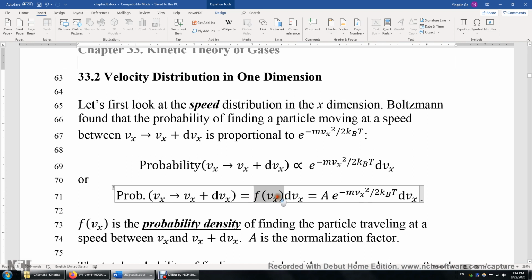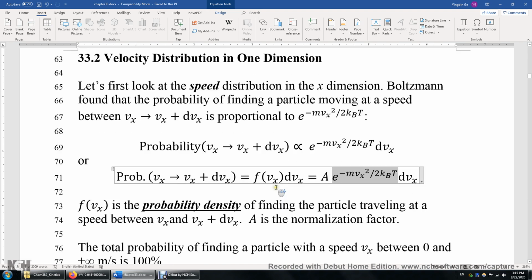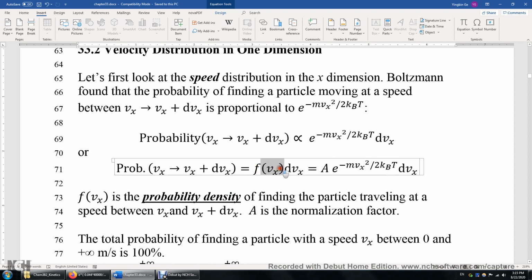And over here, this f is equal to a constant, A, times this exponential function, e to the power of negative kinetic energy over kBT. So again, this f of Vx is the probability density of finding the particle traveling at a speed between Vx and Vx plus dVx.